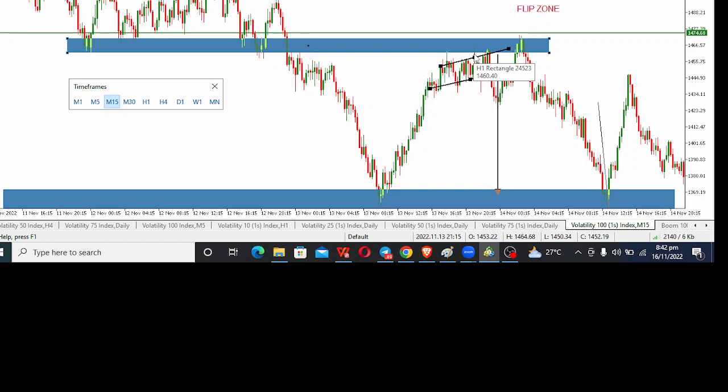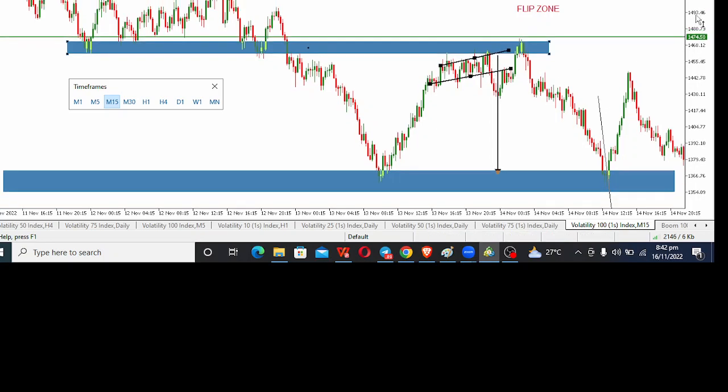And I shared this particular setup, and I indicated with this arrow down here that the market was going to go all the way down here. Even though it didn't go as expected, the target got hit. And if you understand how this market behaves, once you have the setup, you need to believe in it, because that's the skill, that's the knowledge you have.